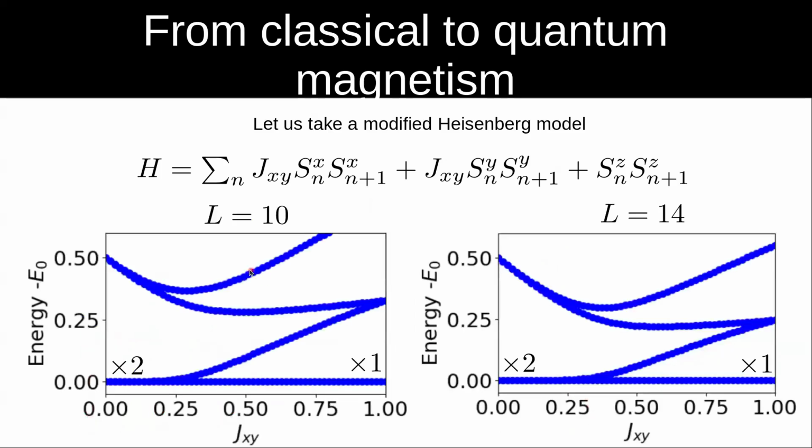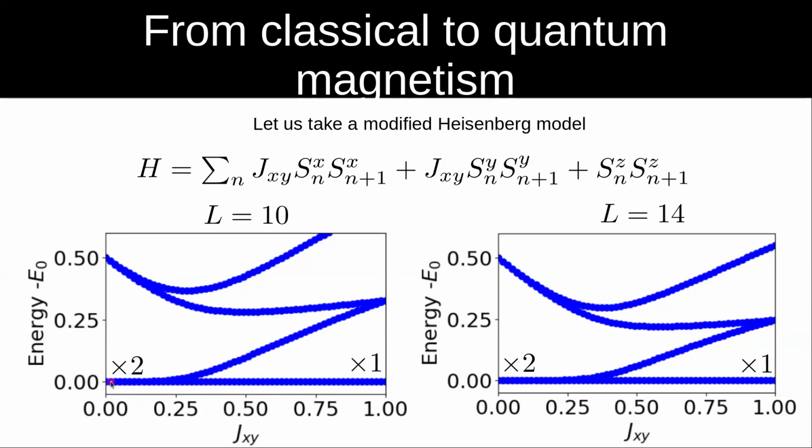Okay, so this is, let's say, the energy spectra as a function of Jxy. So in this limit, over here, you are in the Ising limit. In this point over here, you are in the Heisenberg limit. So if you follow the evolution of the eigenenergies, you actually see that in the Ising limit, your ground state is doubly degenerate, right? So there's this eigenvalue over here that goes to 0, and then there's, of course, the ground state.